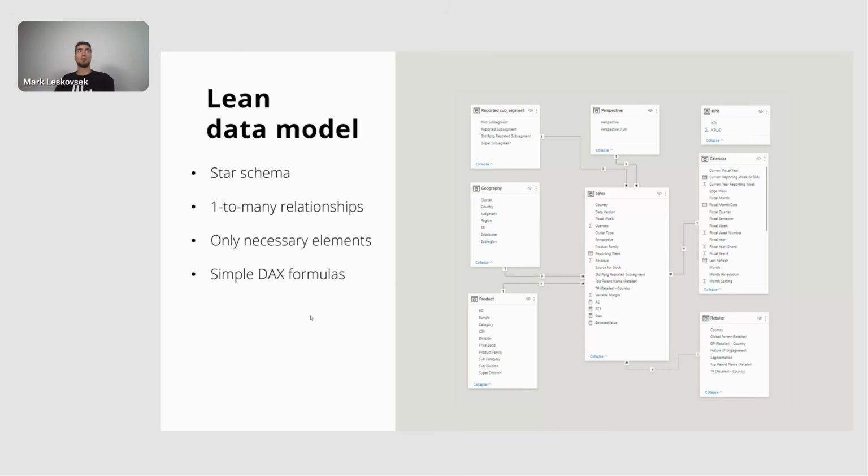These are the important parts of it: in the star schema, we have one-to-many relationships from the dimension tables to our central fact table. We only have the necessary elements, and this enables us to have simple DAX and a fast Power BI reports experience. And this is a real case, going exactly down from that messy data model that we saw before to 8 tables.